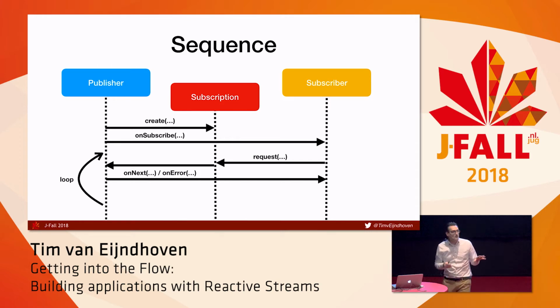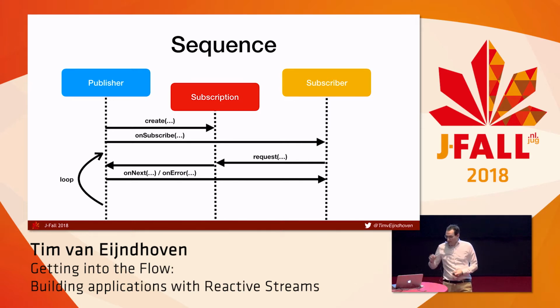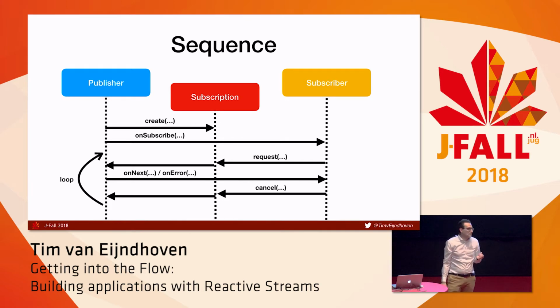But it will send no more data than is requested. So you get a loop, right? I will ask for a certain amount of items, and I will receive a certain amount of items, and then again I will request the next batch of items when I'm ready. So there's a loop. And it's another thing that the subscriber can do. It can also tell, okay, I'm done with it. Cancel the whole publisher. I'm no longer interested in your events.